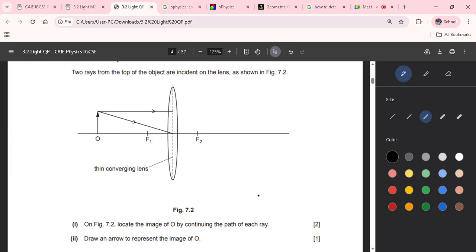Maybe you can describe how to answer this question. There are three characteristics.